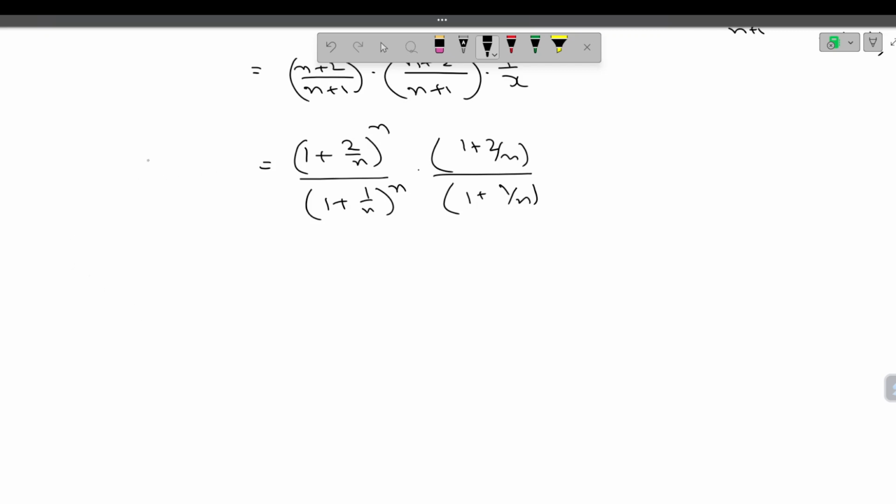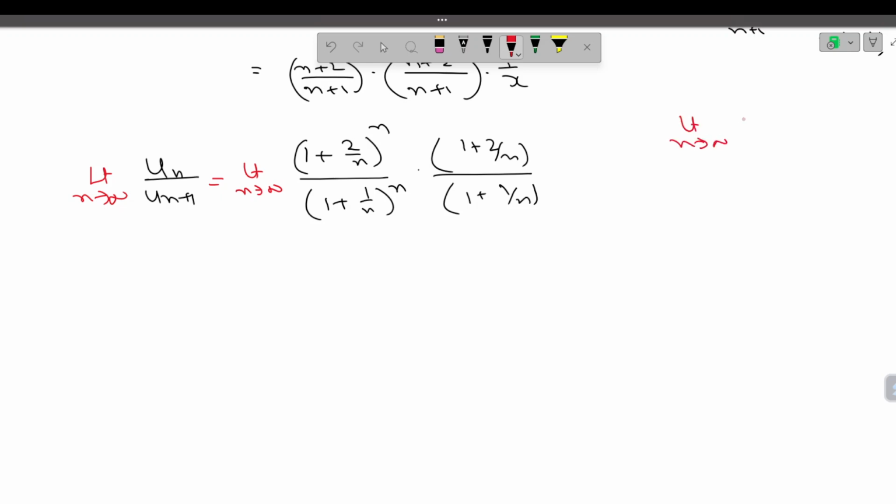This is our un by un plus 1. Now apply the limit n tends to infinity.